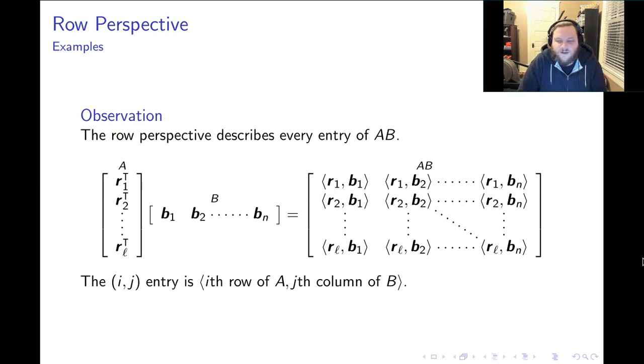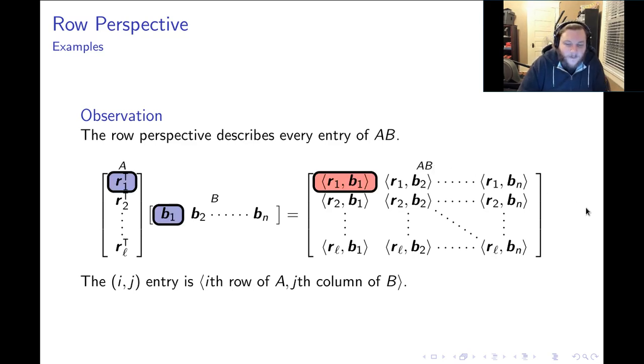One thing I'd like to point out is that with this row perspective, what we're saying is that when we're taking a matrix A and multiplying by a matrix B, every single entry of the product is an inner product of one of the rows of A with one of the columns of B. So if we have the first row of A, which I'm depicting as R1 transpose, and we multiply it by the first column of B, that produces an inner product.